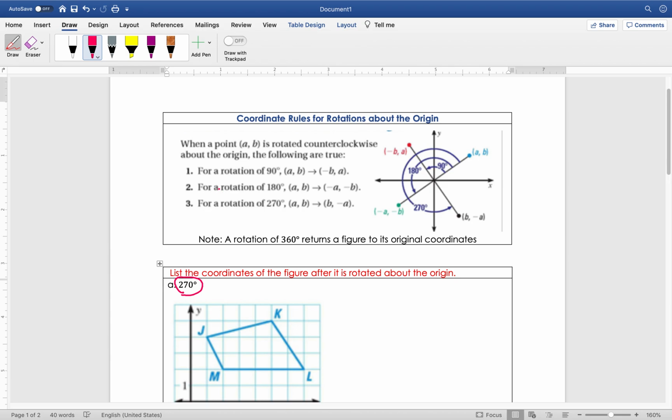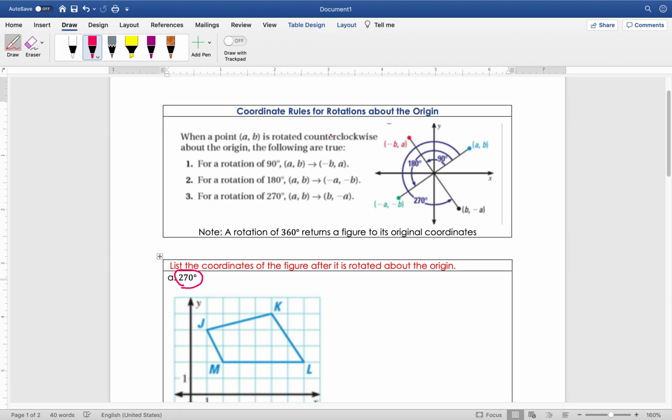Then, if you're rotating 180 degrees, you're just going to take the opposite of X and Y, or A and B. For a rotation of 270 degrees, you're going to first switch X and Y, or A and B, and then you're going to take the opposite of A.